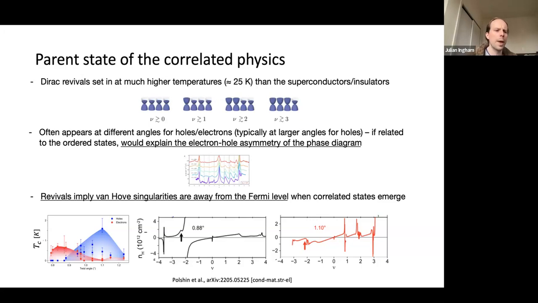And the last point I want to make is that revivals imply that Van Hove singularities are far away from the Fermi level when the superconducting and insulating states emerge.